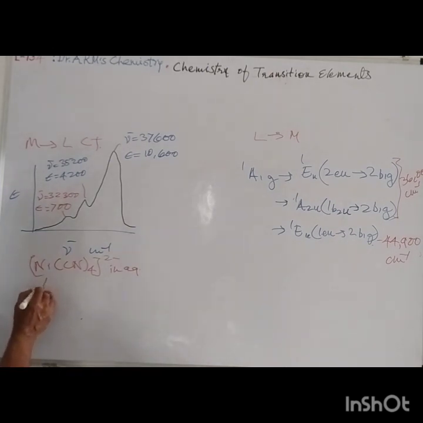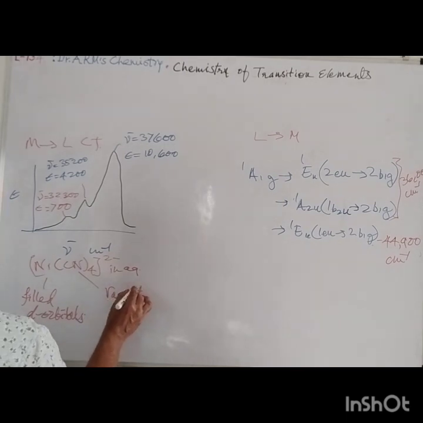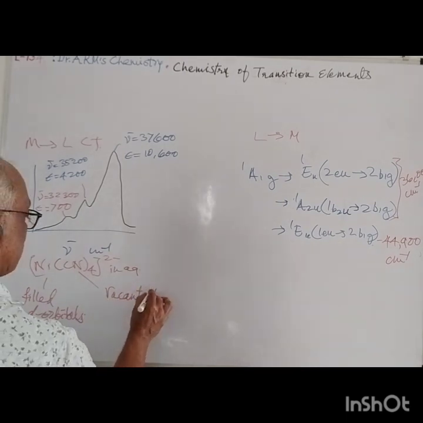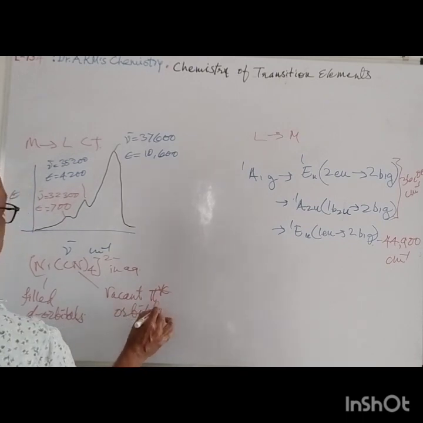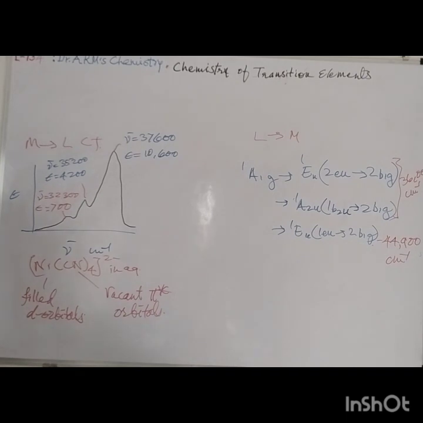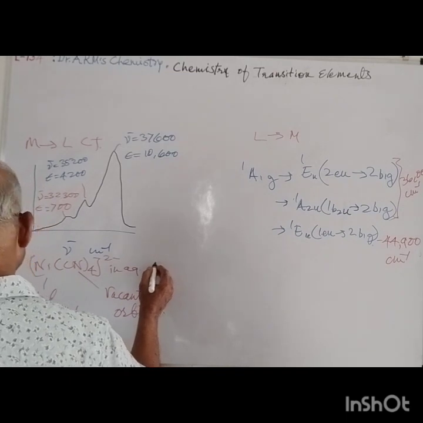So here nickel has filled d orbitals, whereas this CN minus has vacant pi star orbitals. Now we will have here the transitions like this.